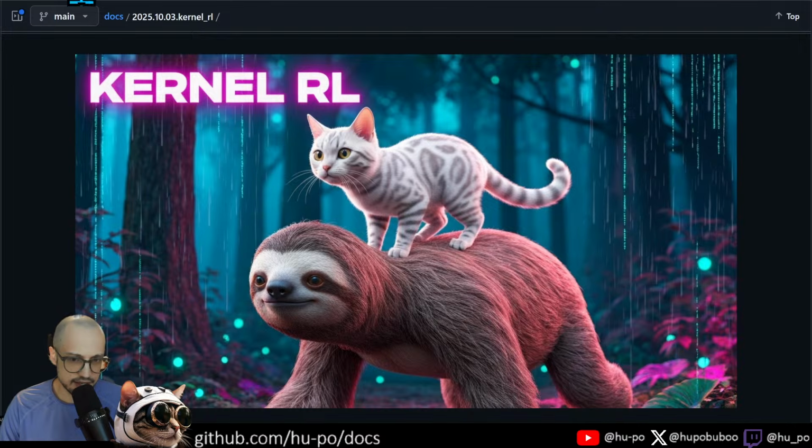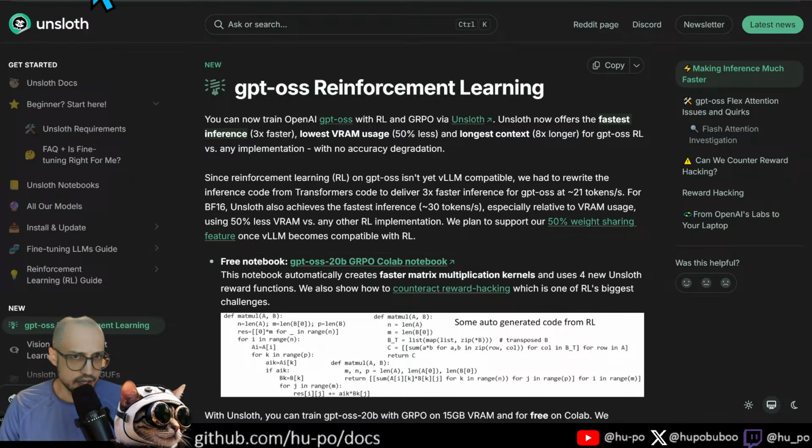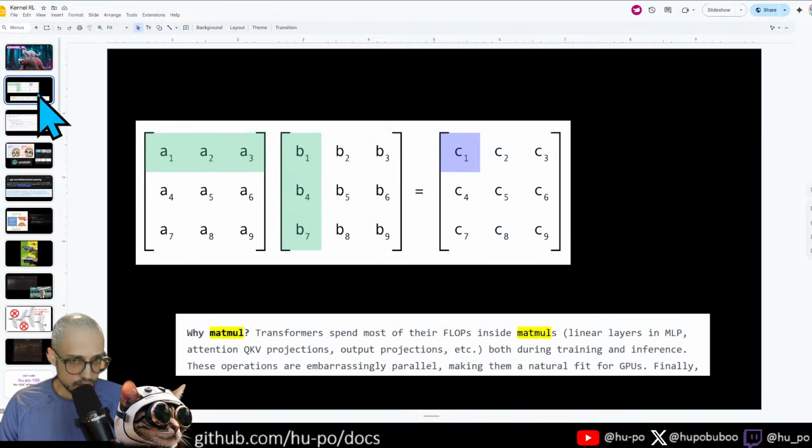So this is a reference to this. So today we're going to be doing matrix multiplication kernels. Right, so why matmul? Transformers spend most of their flops inside matmul.